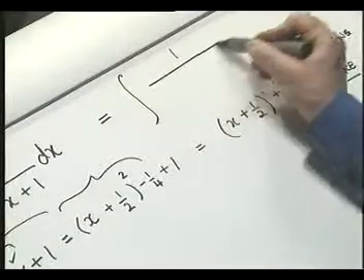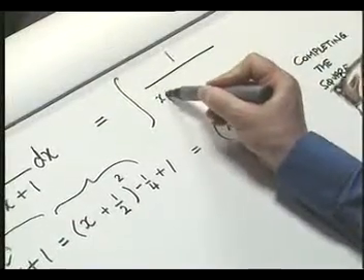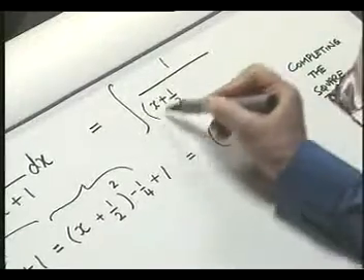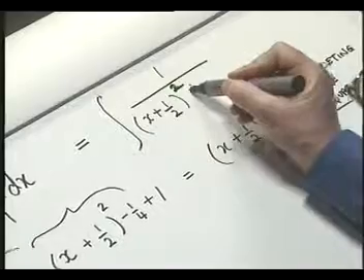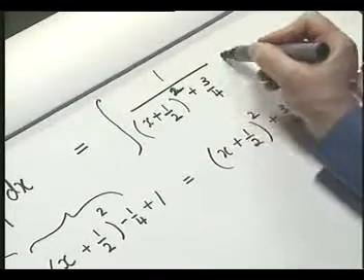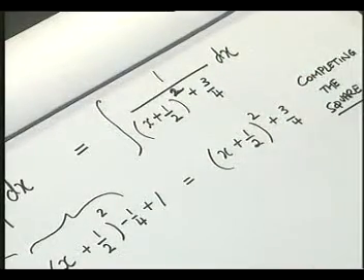Okay, how will that help us? Well, it means that instead of the integral we started with, we want to consider this integral: 1 over x plus a half all squared plus 3/4. We want to integrate that with respect to x. Now, the way I'm going to proceed is I'm going to make a substitution.